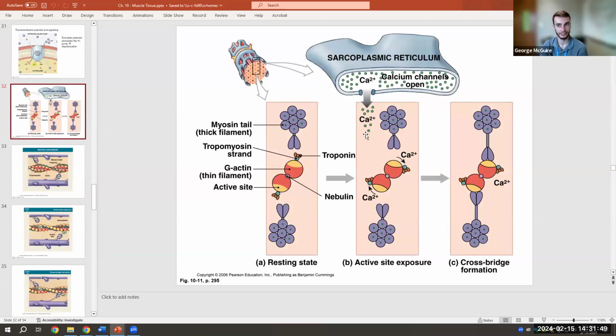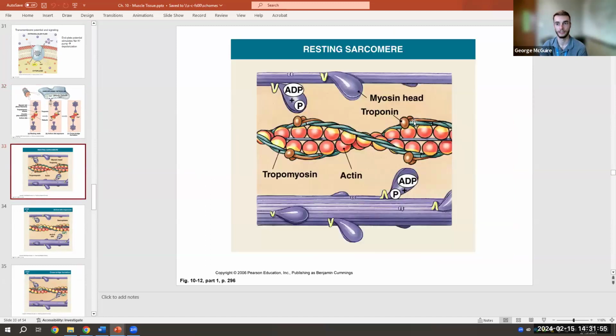Now that calcium is being released into the sarcoplasm, it can bond with troponin, one of our thin filament proteins. So troponin is basically like a lock and key type protein that is holding these tropomyosin rope-like protein filaments onto the G-actin, which these myosin heads want to attach to.